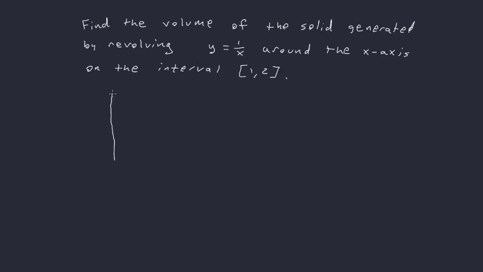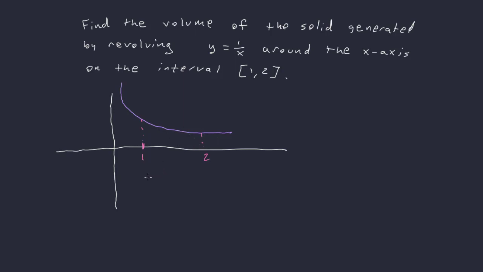So the reason we want to do 1 to 2 is mainly because this function blows up at 0, right? It looks something like this. But from 1 to 2, it looks something like this.